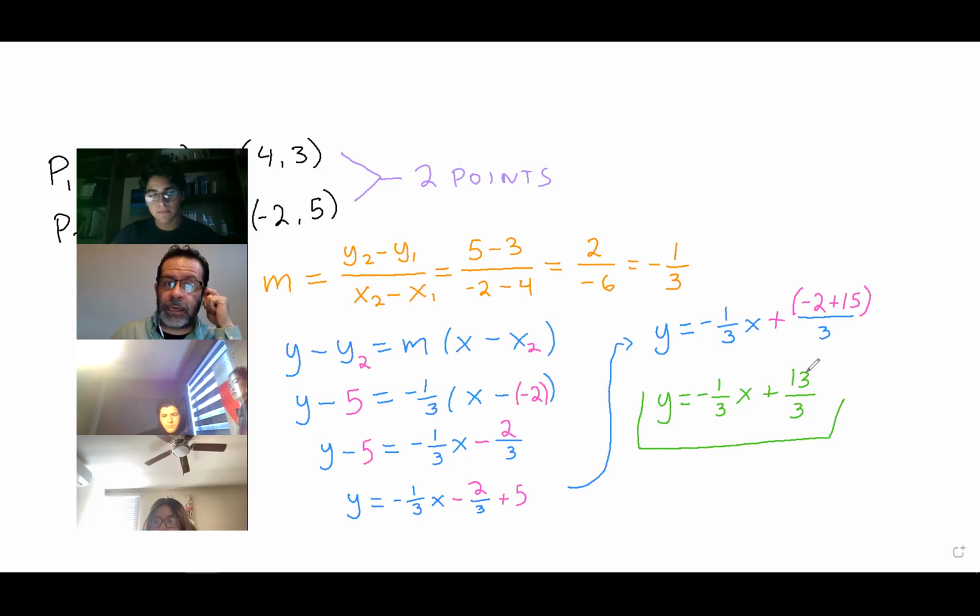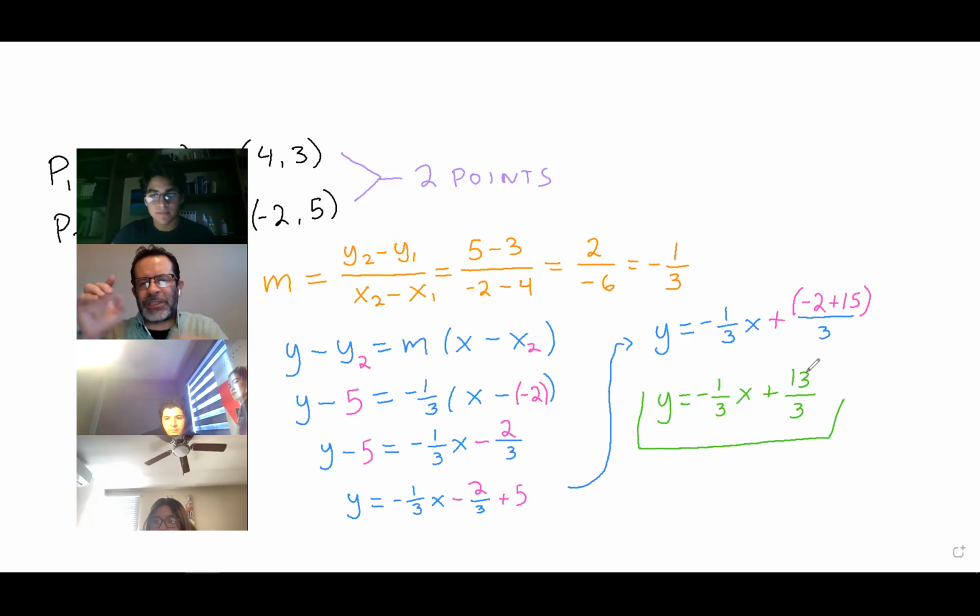If I understood it correctly, you either use point 1, which is x1, y1, or point 2, which is x2, y2. You can't combine, so you can't grab x1 and y2, and that would not give us the same. Oh no, I was asking if you use one point or the other point, it's going to equal the same thing. It's going to give us the same thing because we got the slope using both of the points. Okay, so it's like a good way to check for your answer. Yep.